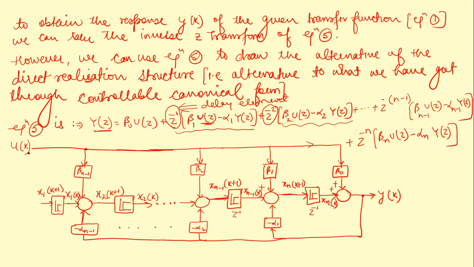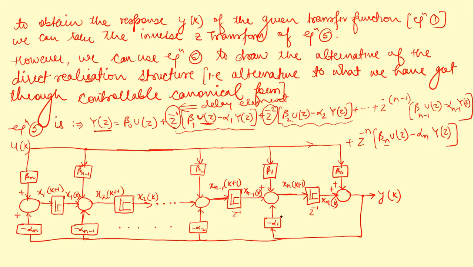So we will add. So here we have beta n into uk, and it is added with minus alpha n, right? It is added with minus alpha n.